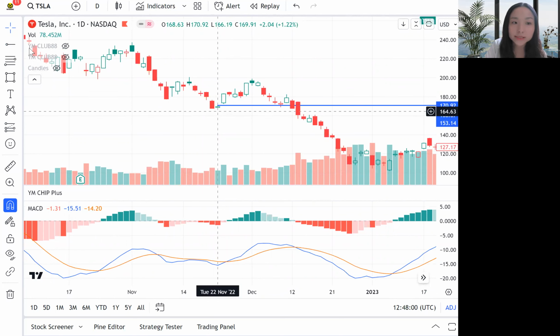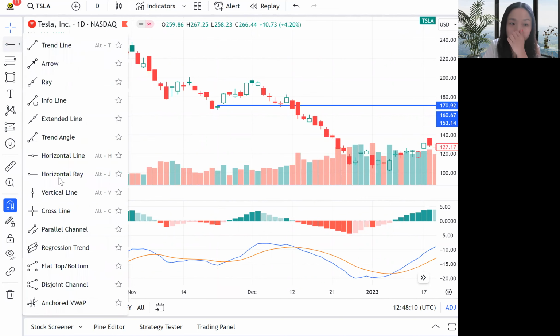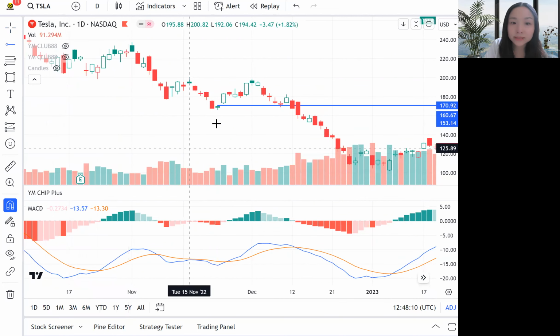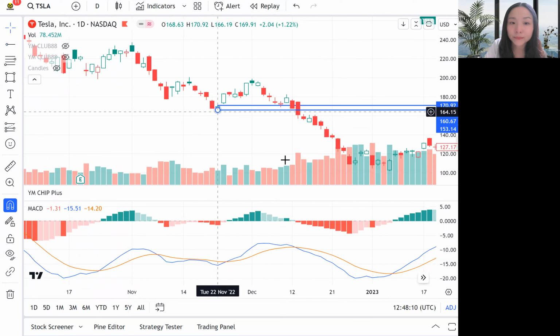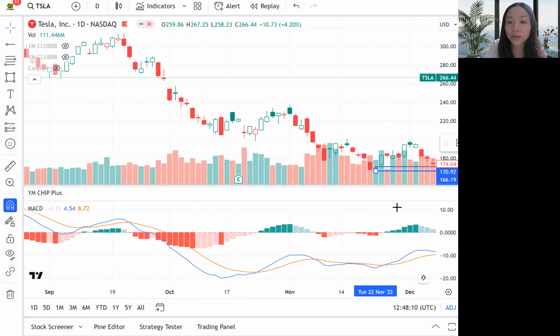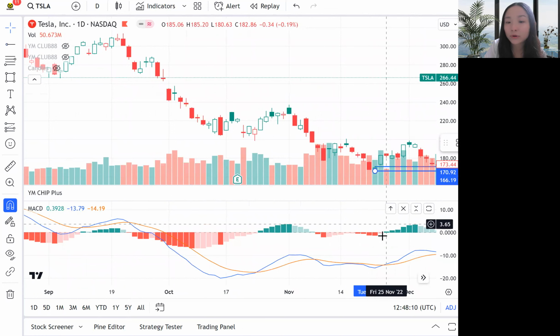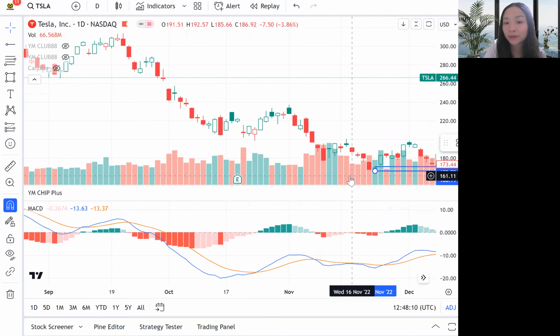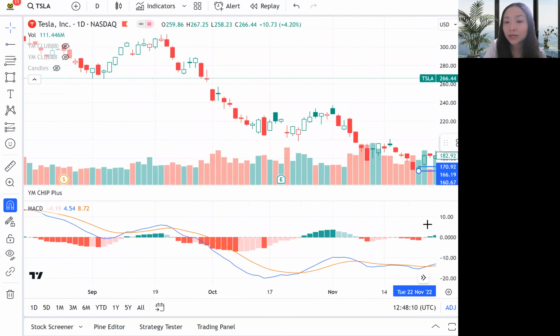Okay, so let's say you find, oh, this one is the longest red bar. Okay, let's say this one hasn't happened. Let's say we are only here. You thought, oh, the green bar is about to happen. Okay, so let's say like this.